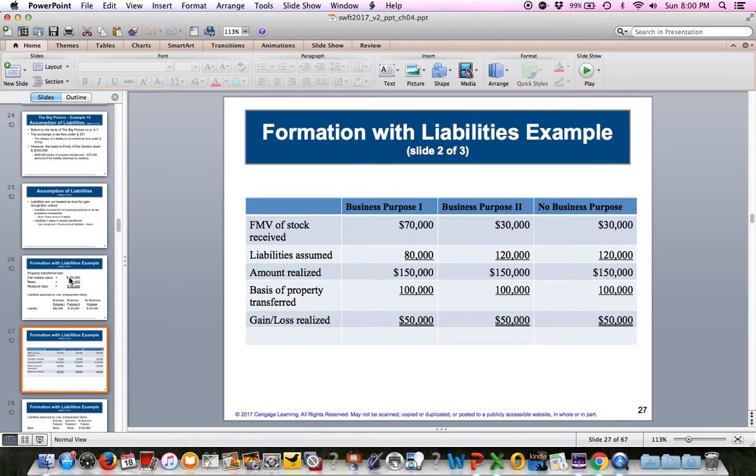The first one, business purpose 1: fair market value of stock received is 70, liabilities assumed is 80, amount realized is 150, basis transferred is 100, gain/loss is 50. And the second one, fair market value received is 30, liabilities assumed of 120, basis of property transferred is 100, gain/loss of 50. So they all result in 150. Over here, no business purpose, fair market value plus liabilities assumed minus the basis is also 50.